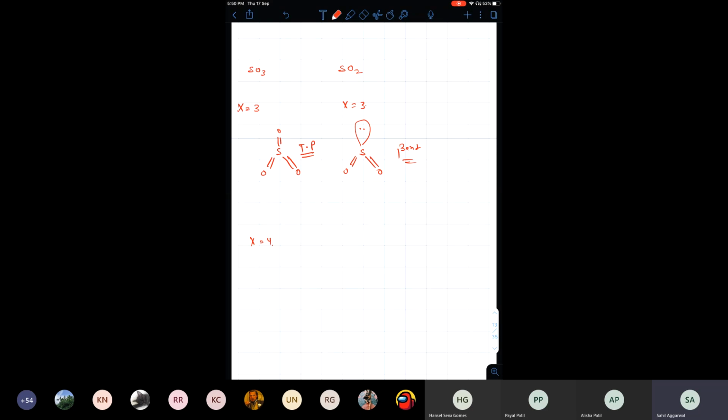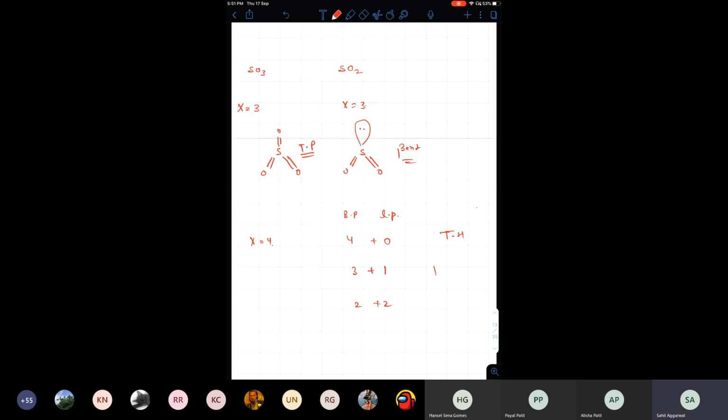When x is equal to 4, you can have 4 plus 0, 3 plus 1, or 2 plus 2 bond pair, lone pair. So geometry will be same as shape, tetrahedral, for the first.